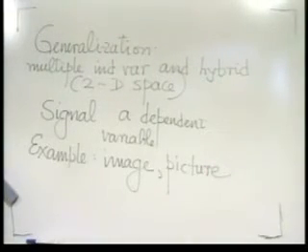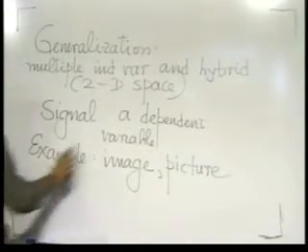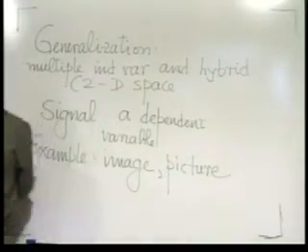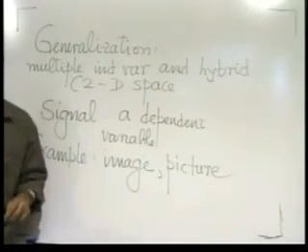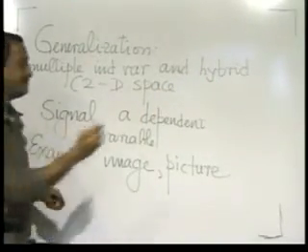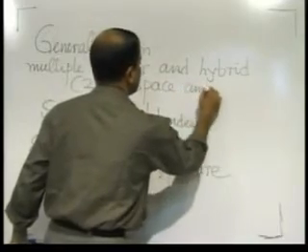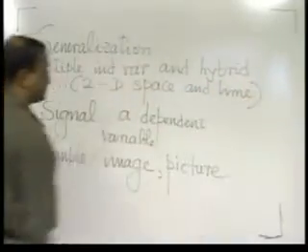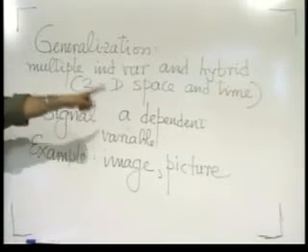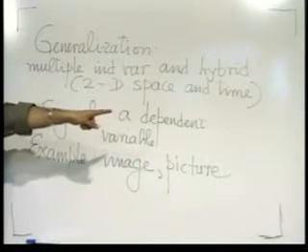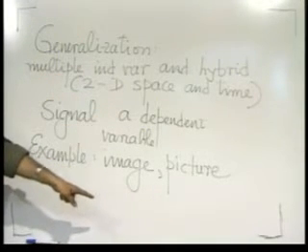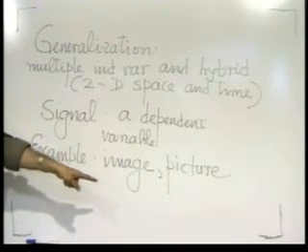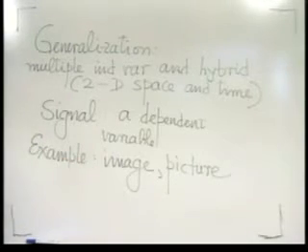What could be an example? Two-dimensional space and time. The signal is still a dependent variable. And what is the example? What we are doing right now? A video.